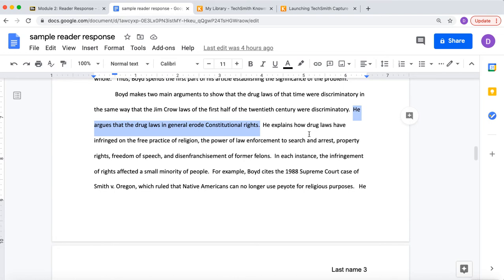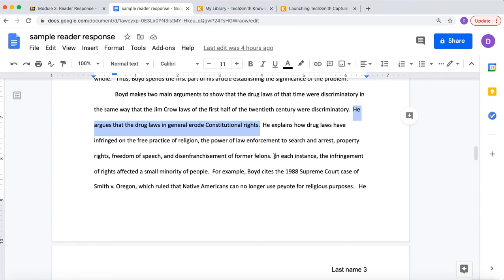Okay, so he explains how drug laws have infringed on the free practice of religion, the power of law enforcement to search and arrest, property rights, freedom of speech, and disenfranchisement of former felons.